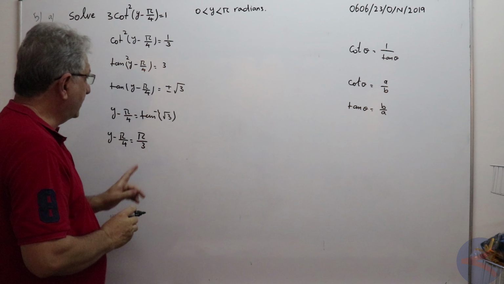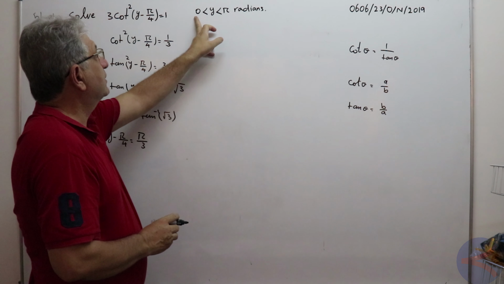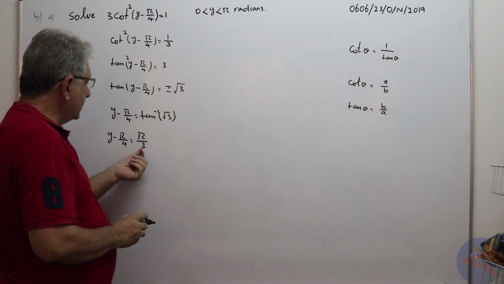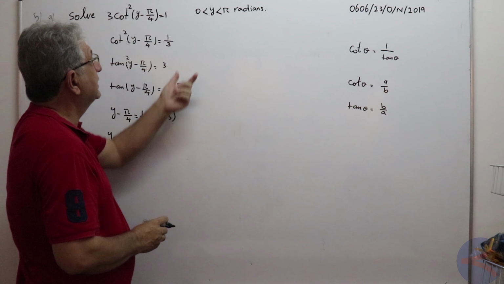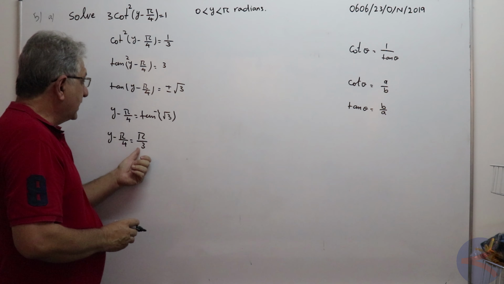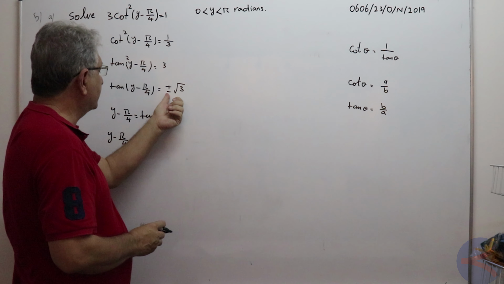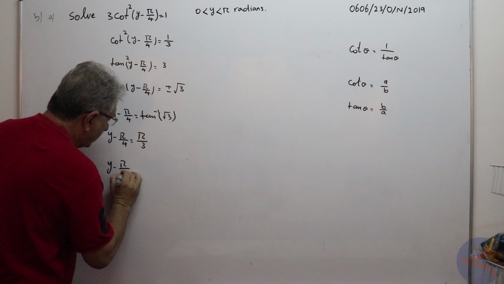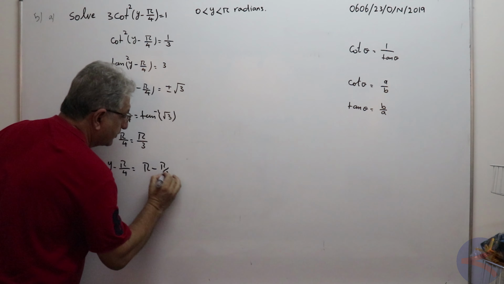Okay, this is one answer. Now, is y in the first quadrant or second quadrant? This answer falls in the first quadrant. And then let us see the second quadrant, where tan will be negative, because of the negative part of this, the answer will be y minus pi over 4 is equal to pi minus pi over 3.